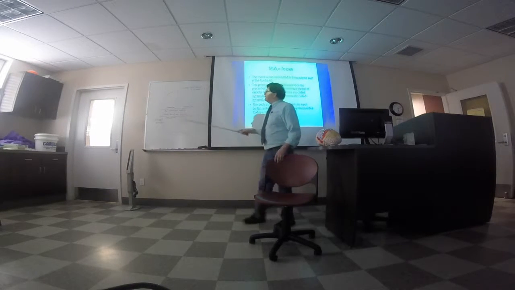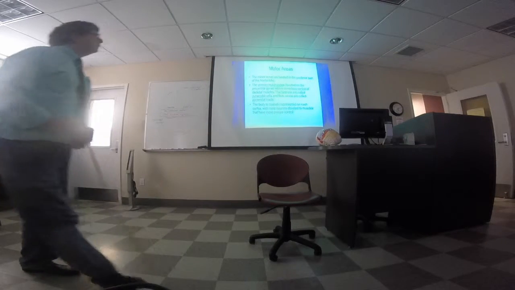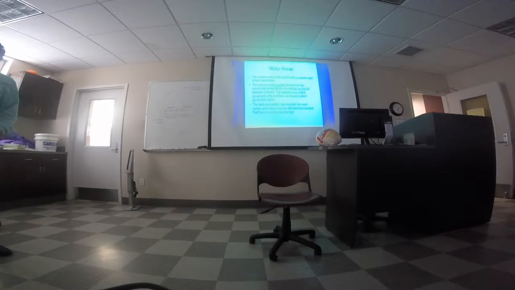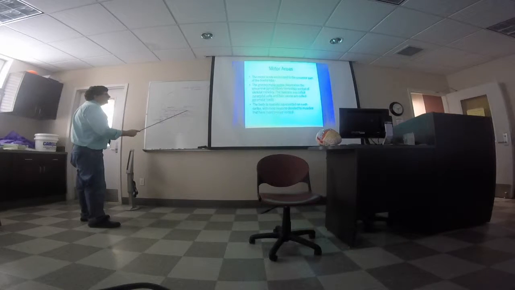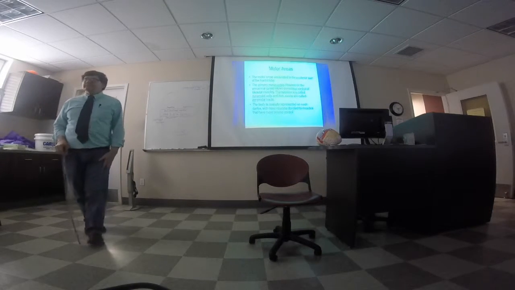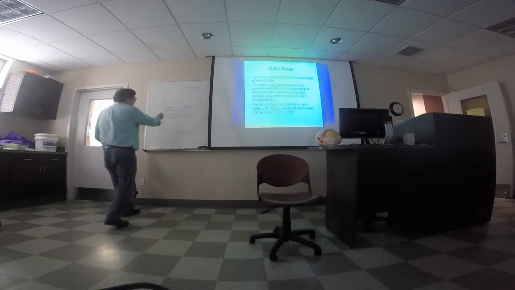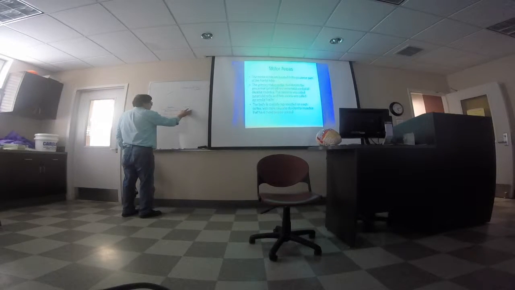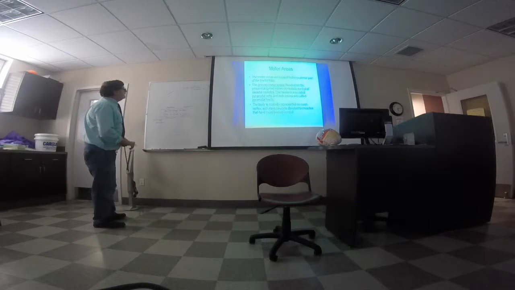Now, it turns out that the precentral gyrus houses what's called the primary motor cortex. These are the cortical areas that control skeletal muscle movement. So the primary motor cortex is housed within the precentral gyrus. The neurons found within this primary motor cortex, many of them are shaped like pyramids.